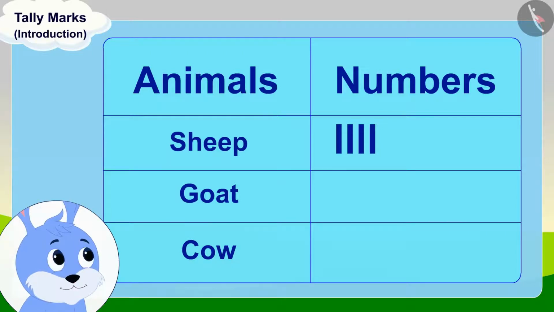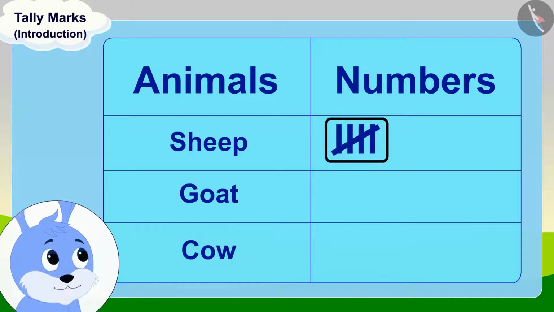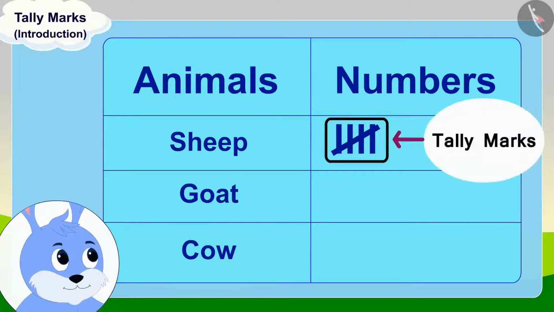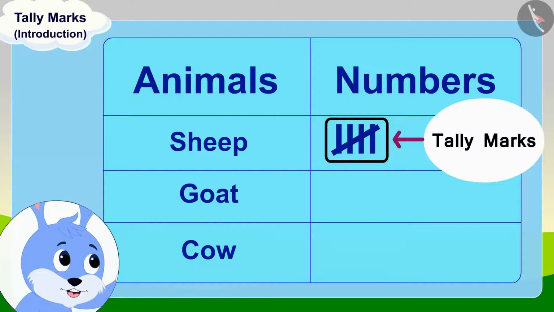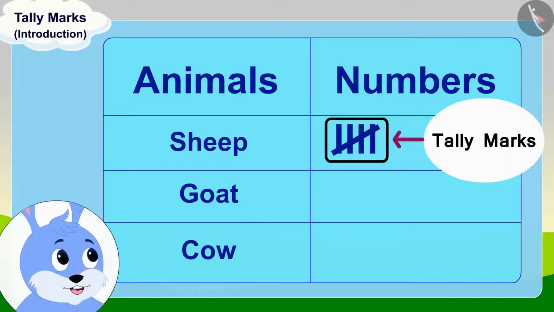And then, for the 5th sheep, make a slant line like this on these 4 lines. We call these groups of 5 lines as tally marks. You can easily count your sheep by using tally marks."